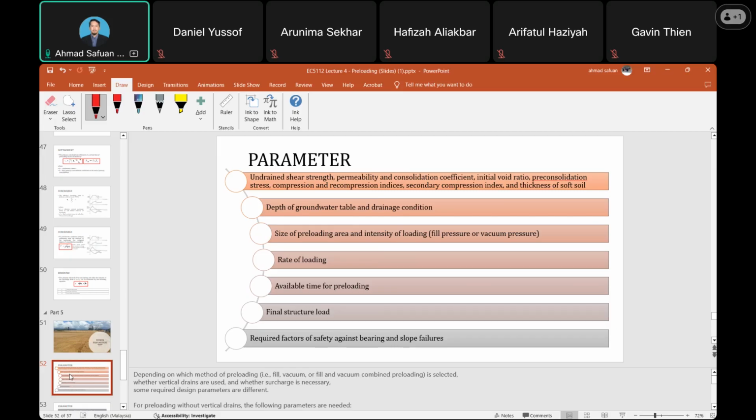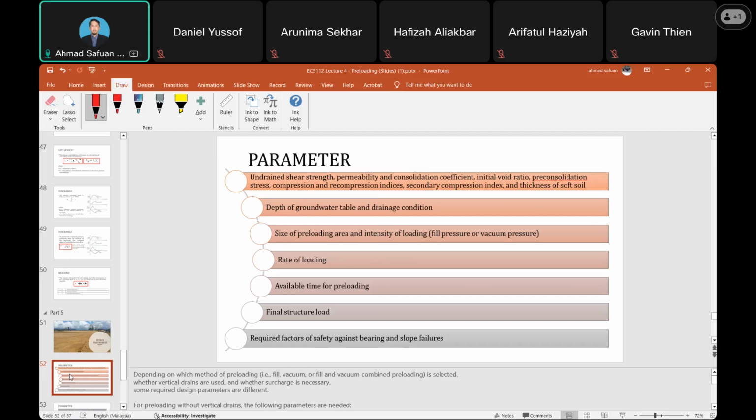Consolidation coefficients depend on the type of stress history. If overconsolidated, then we use the Cr, which is the rebound coefficient.